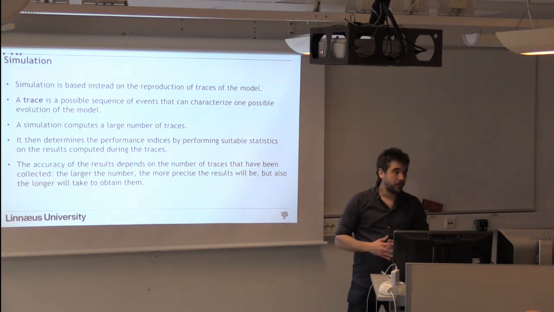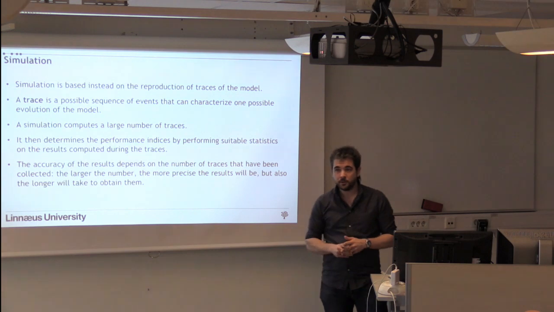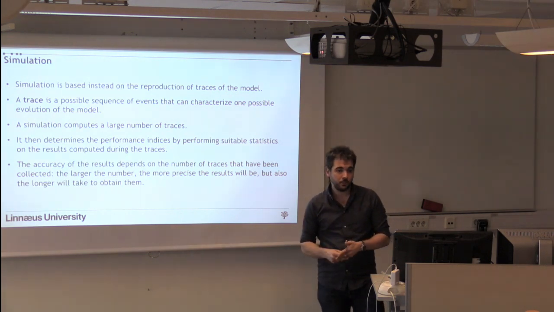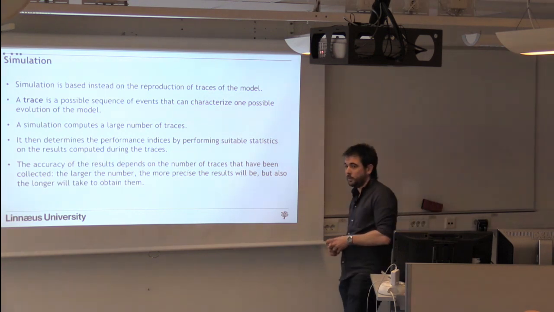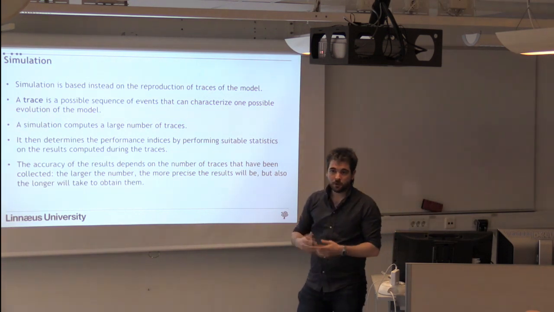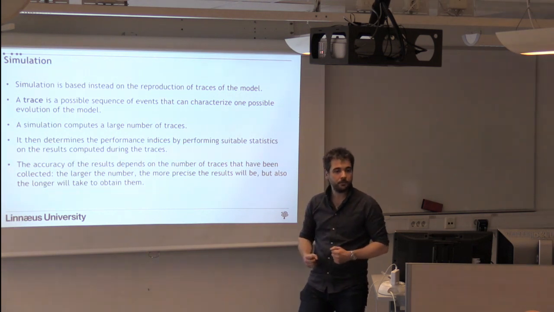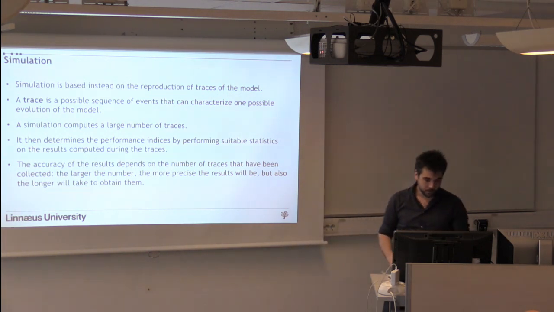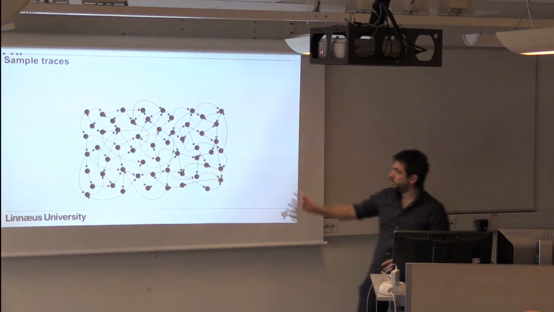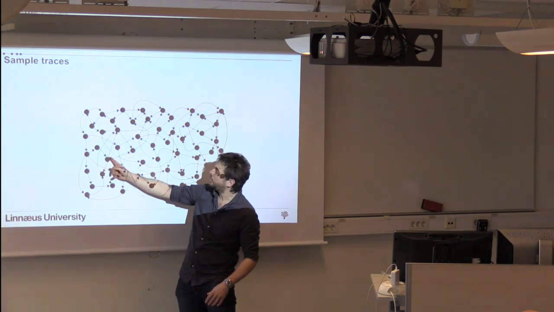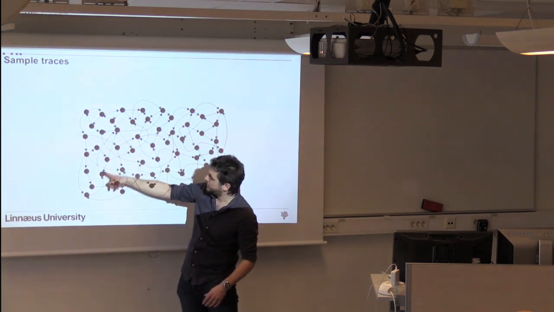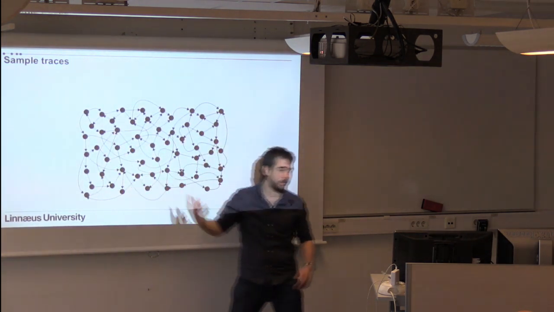The accuracy of the results, if we use simulation, depends on the number of traces we have simulated. The more traces, the more precise the results will be, but the more traces, the more time we have to wait until we have them. An example: if these were the states of the system, from this state it can go here, here, or here, and from this can go here, here.